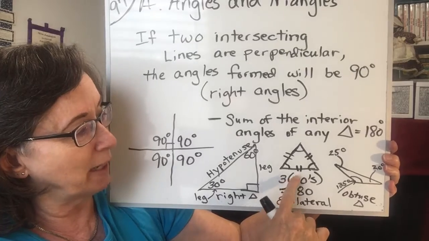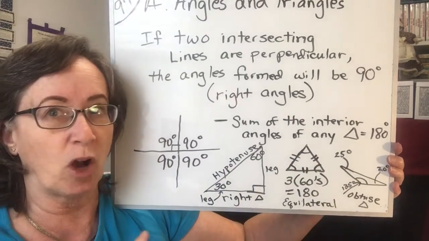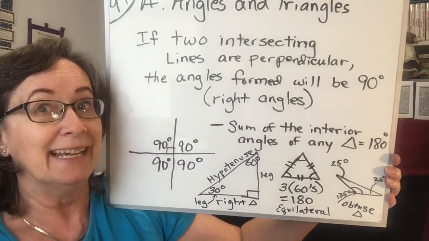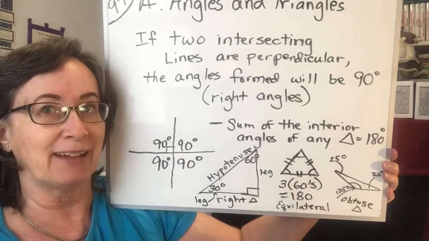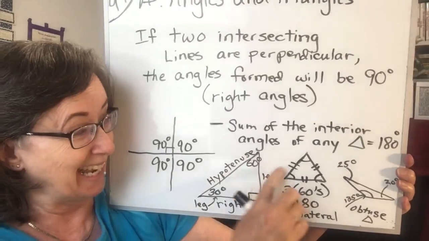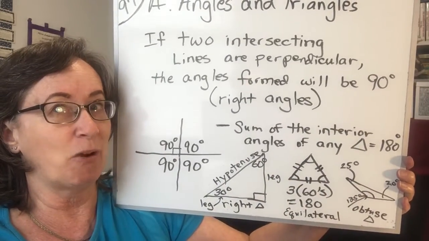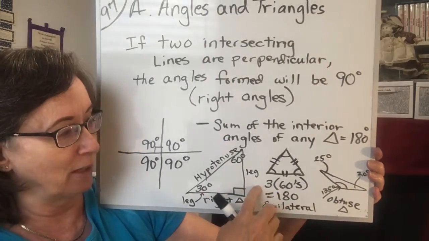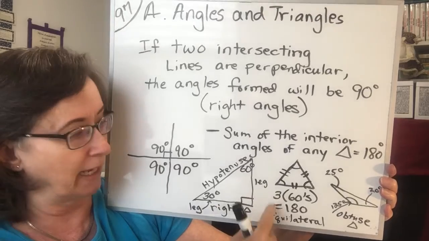And then in this one, since all the sides are the same, all of the angles are also the same. We call that an equilateral triangle. And since all three of the angles have to add to 180 degrees, but they're all the same angle, then we divide the 180 by 3 and we get 60. So we know that all of those are 60 degree angles.